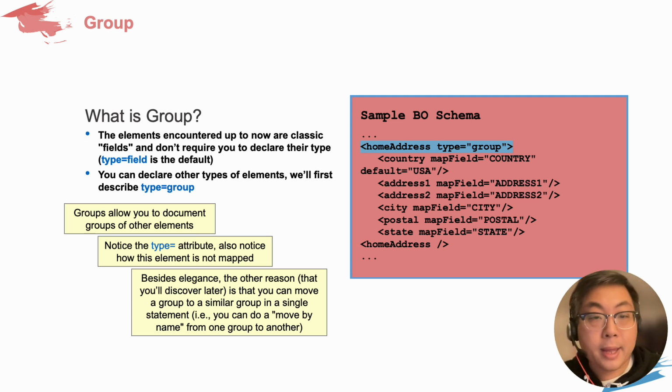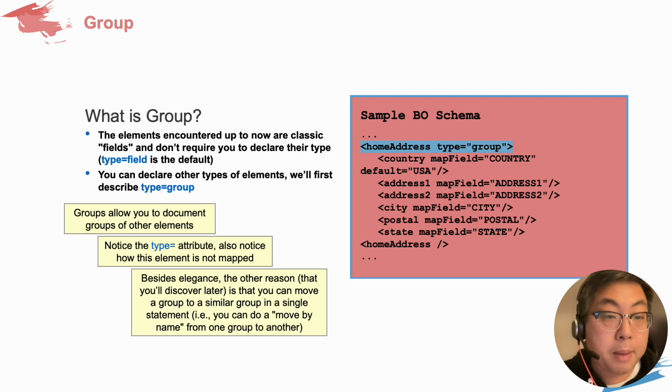However, the backend, where we can see these map fields, and later we'll see map child, and also later we'll see whether it's mapped to XML, the CLOB. So this is how the business element is mapped to the physical tables. They are different concepts, but the schema is flexible enough to map them separately.